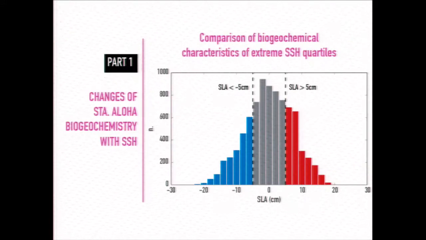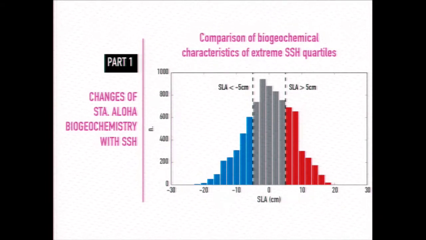This is a very simple analysis, if you want, because I looked at the HOT biogeochemical, hydrographic, and ecological observations, and in the first round of analysis, I really looked just at correlations of these observations with changes in sea surface height after downloading the time series of sea level anomaly at Station ALOHA. But what I'm showing here is something that is visually easier to understand.